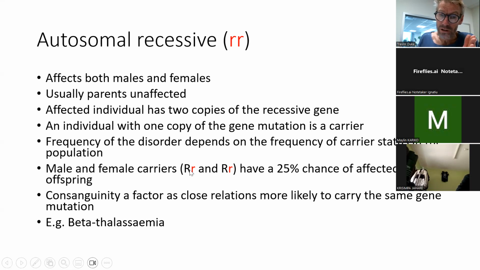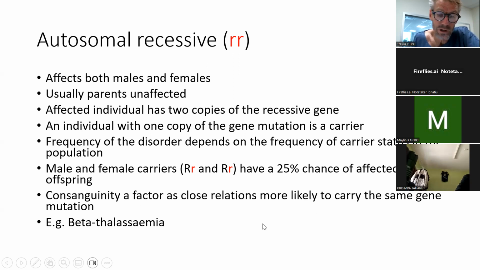So 1 in 4 will be normal, big R, 2 in 4 will be a heterozygote, and 1 in 4 will be recessive disease. So the 1 in 4 with large R won't have the mutated gene, and 1 in 4 will actually have an affected offspring.